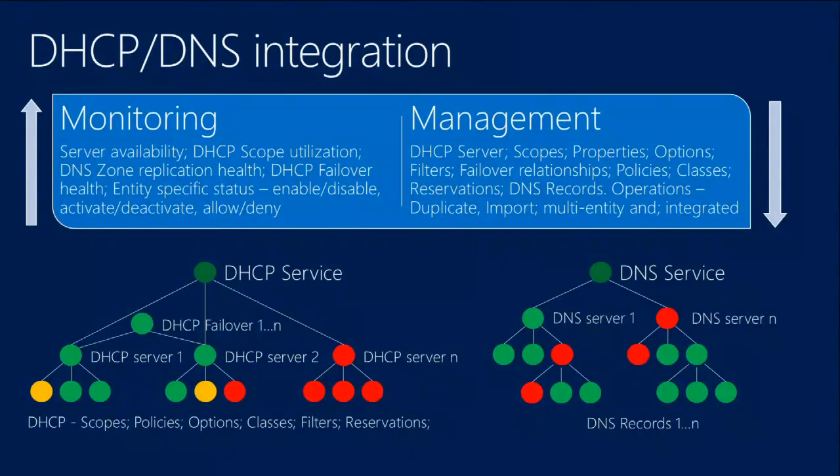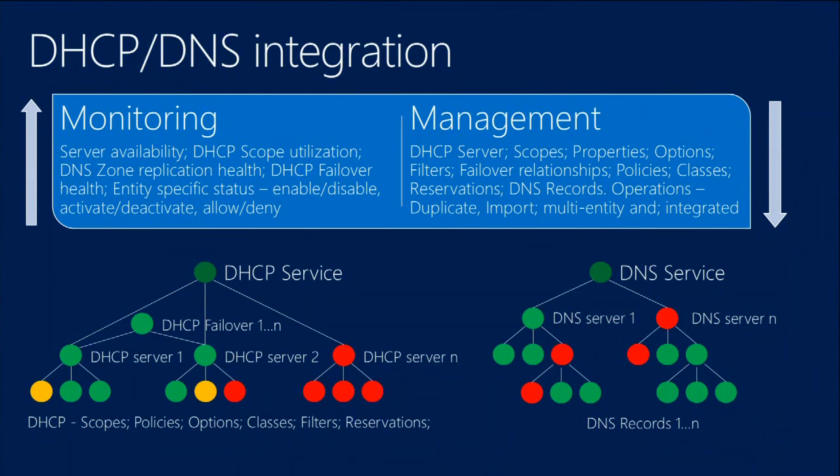You might have DHCP failover relationships, which now IPAM helps you manage and monitor in 2012 R2. You have DHCP policies which can be configured, scopes. From a monitoring standpoint for DHCP, IPAM allows you to monitor the utilization and also the trending information. So historical trends can be seen for a specific IP subnet, both for static as well as for dynamic IP ranges.